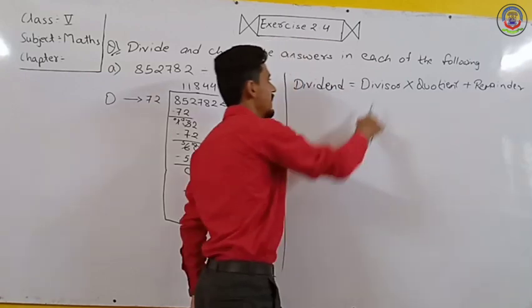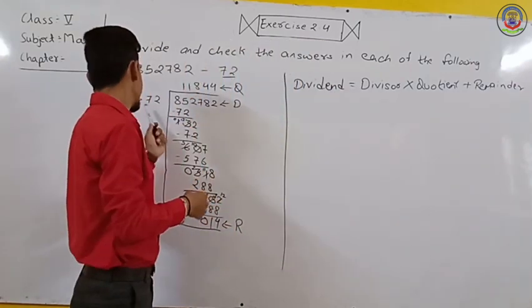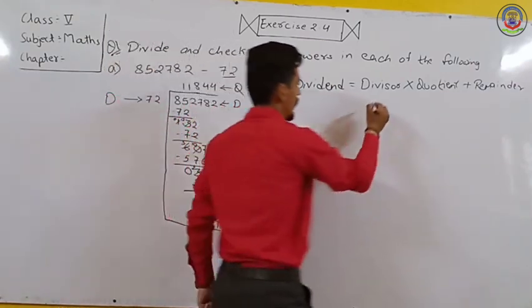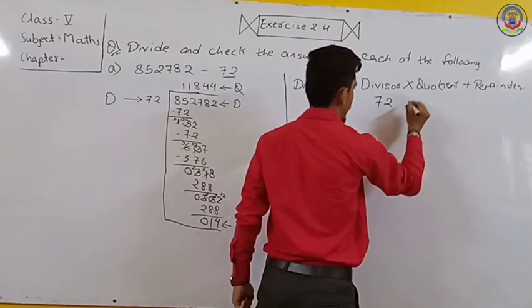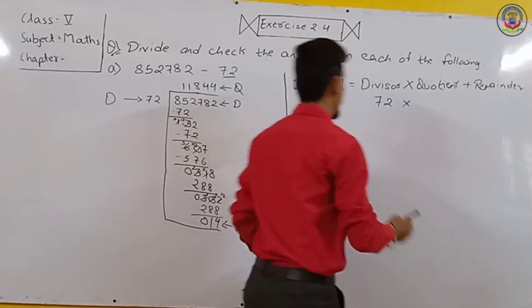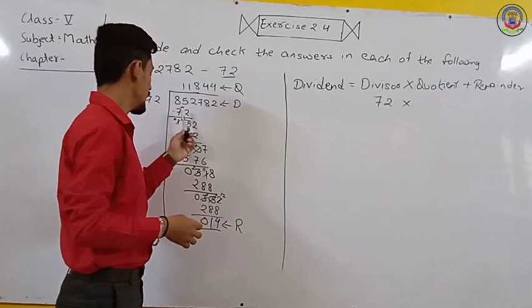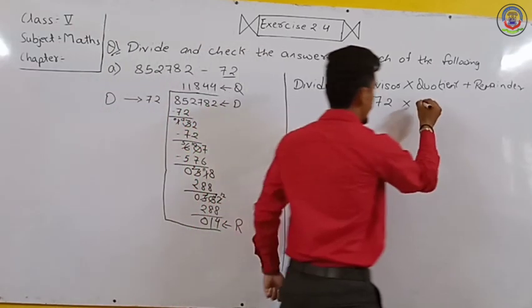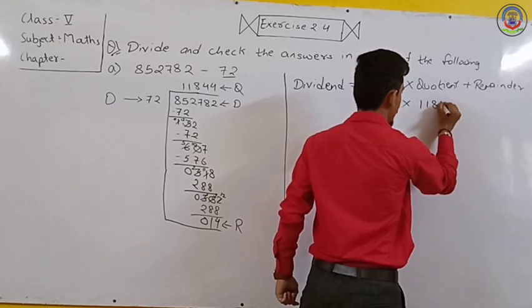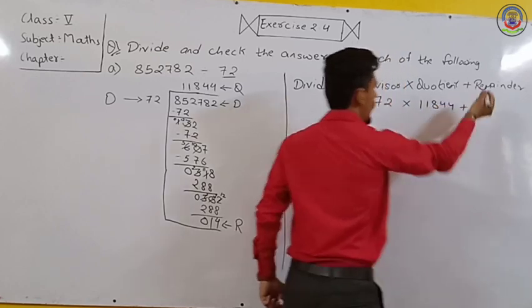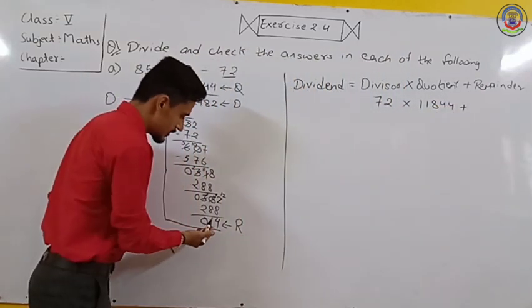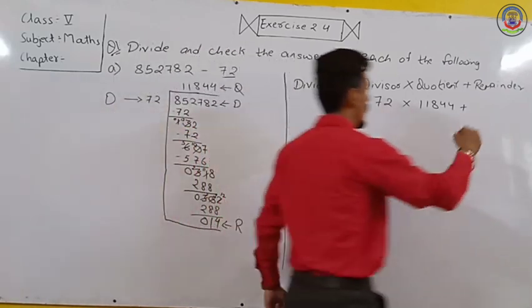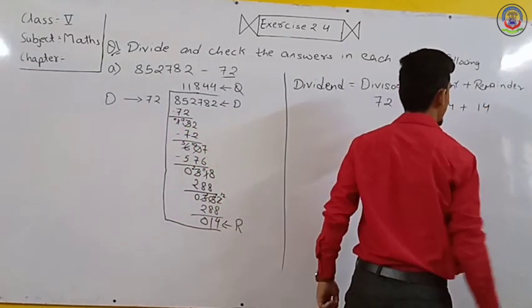Now we have a divisor, so divisor is 72. Next we have quotient. Quotient is 11,844. And lastly remainder is 14. So we write here 14.